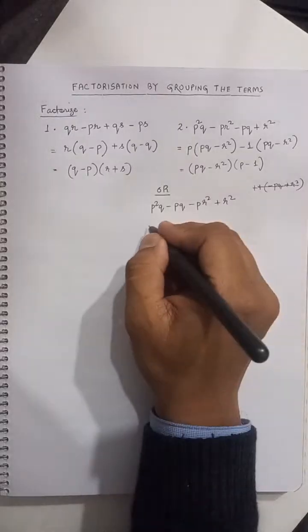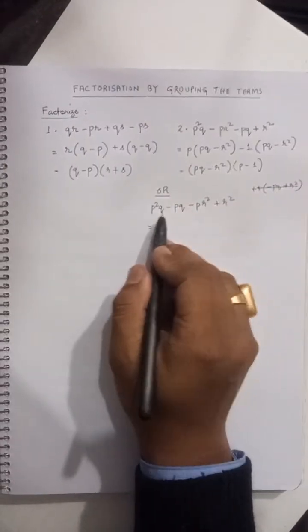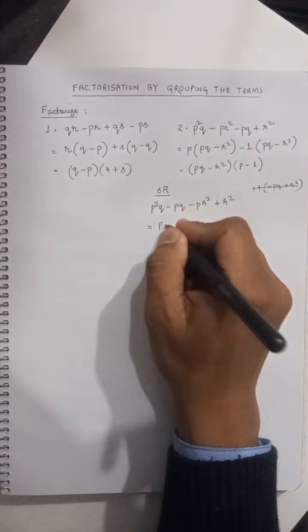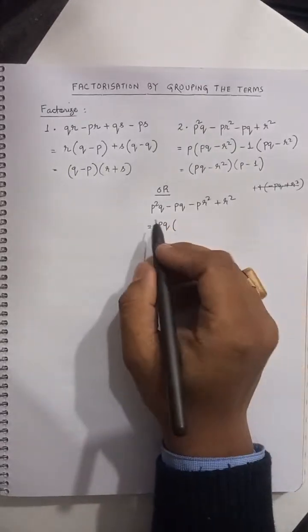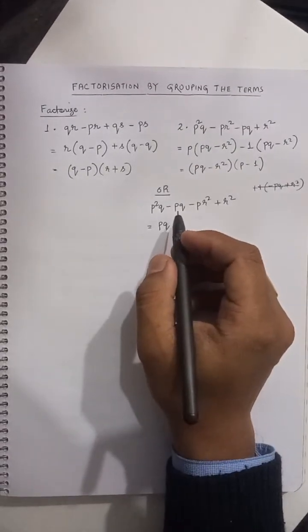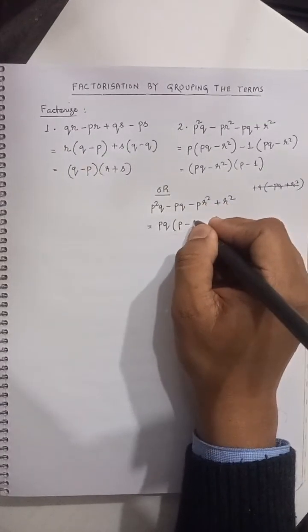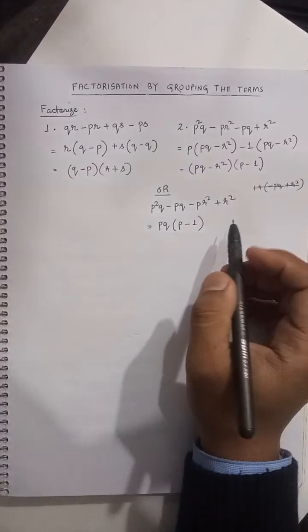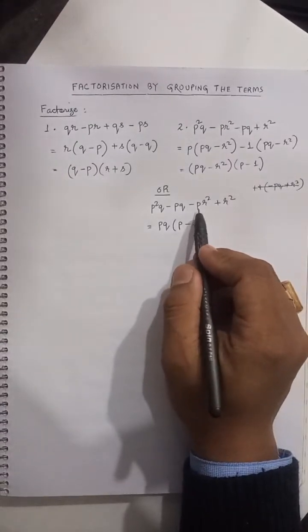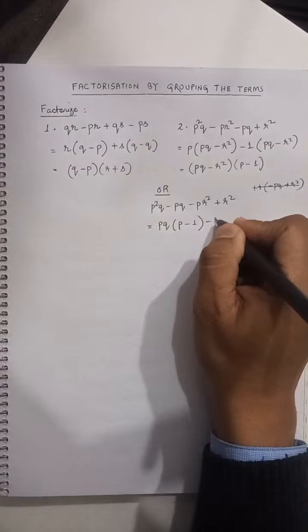Out of these two terms we can take PQ as a common factor. So if we take out PQ as common factor, we will have P, and here we will have 1. Again we'll try and take minus R square as common.